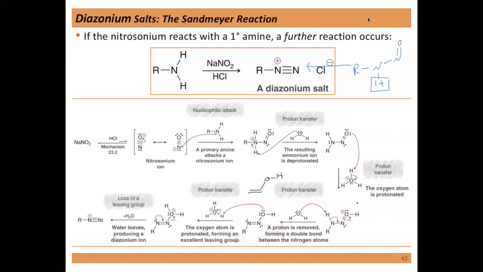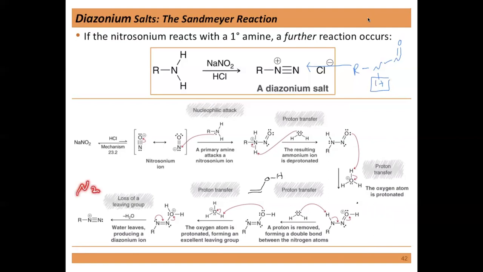Now, we don't just stop there either. Notice we've got a lone pair here. And that lone pair is going to be key, because what we're going to do is deprotonate and convert that OH into a good leaving group. And once that's a good leaving group, the lone pair from that nitrogen is going to drop in and kick out the water. And so what's driving this is the strength of nitrogen-nitrogen triple bonds. They're very, very strong.